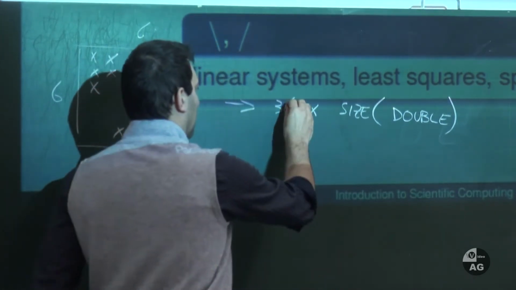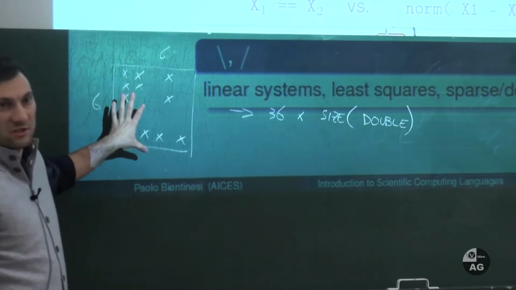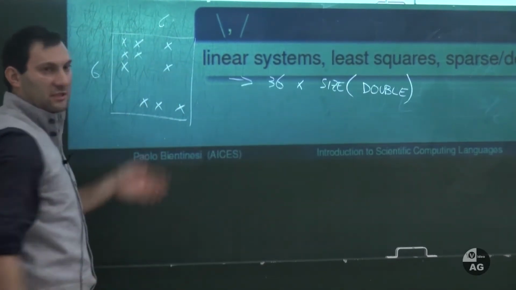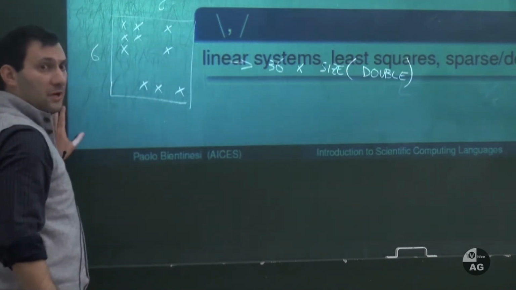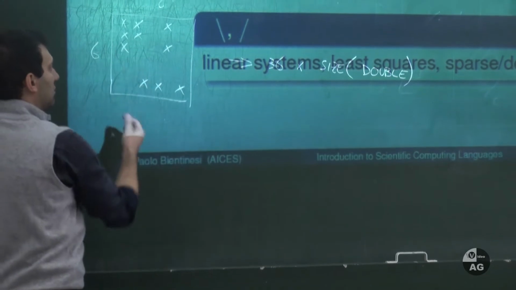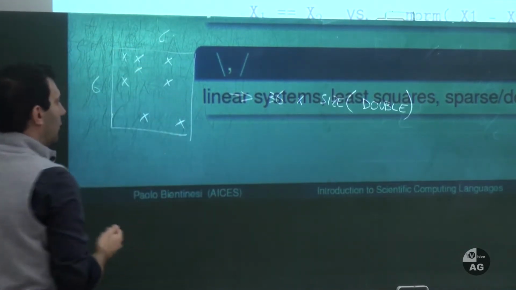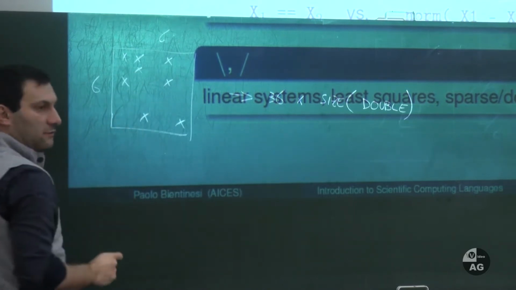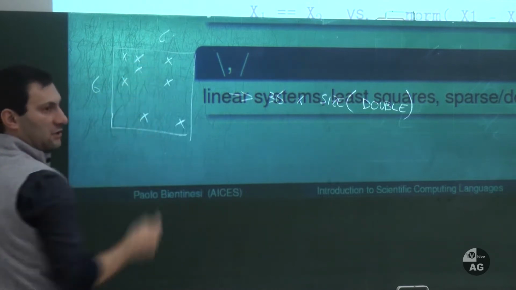This is the space necessary to store such a matrix, okay? If I define this matrix as a bidimensional array. But maybe I have so many zeros, so maybe I have only few entries different from zero, so maybe it becomes convenient to store these entries individually.